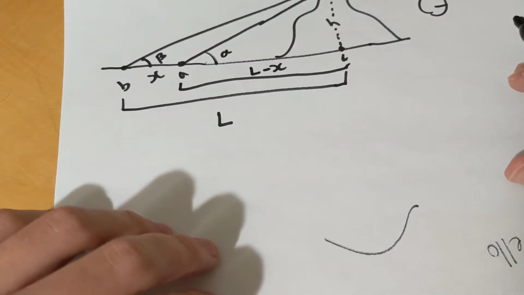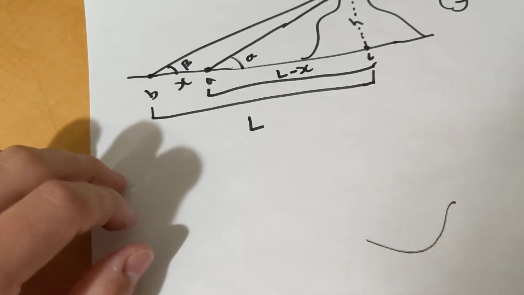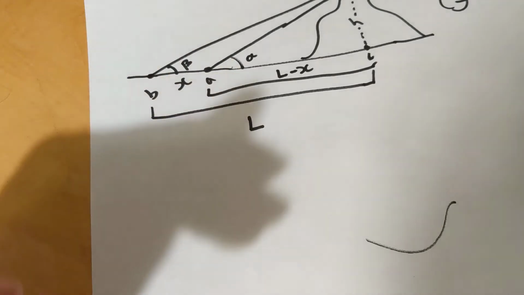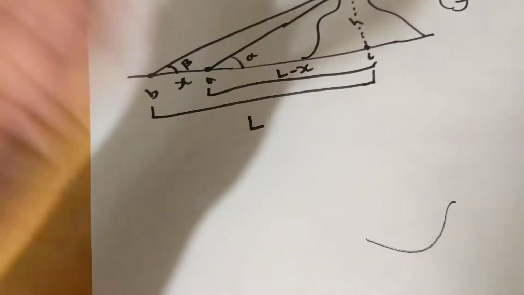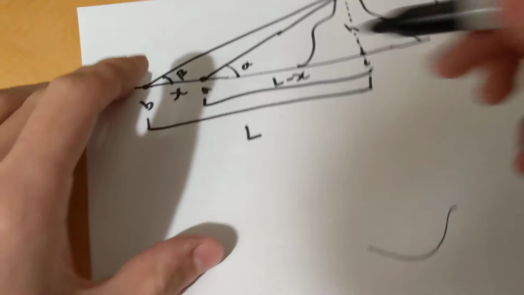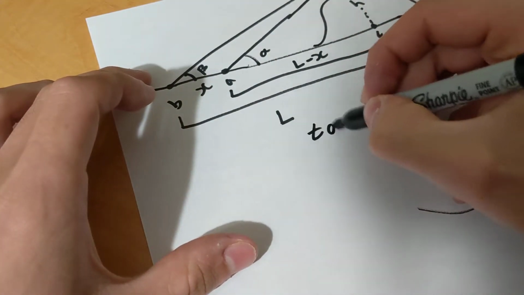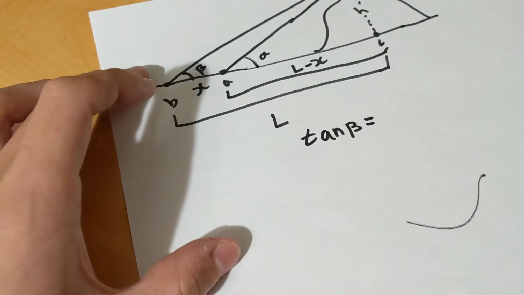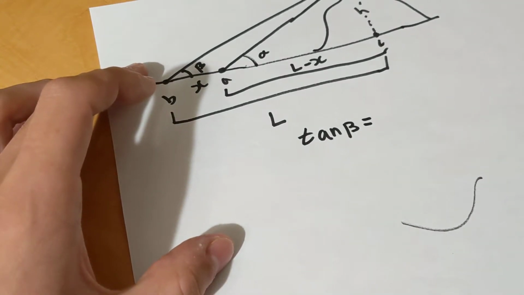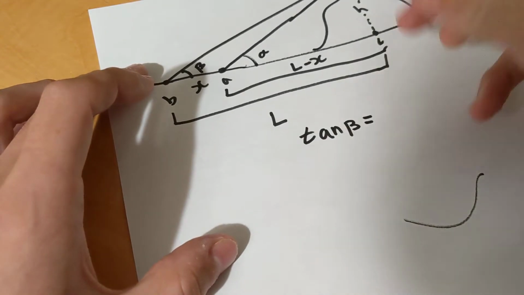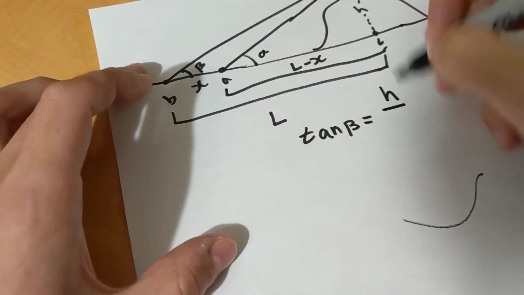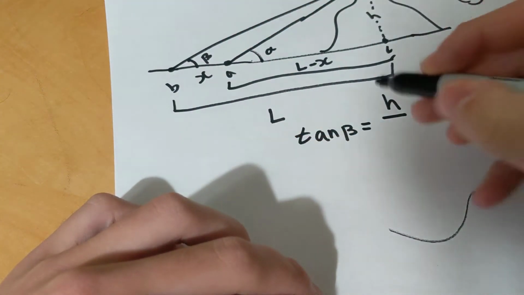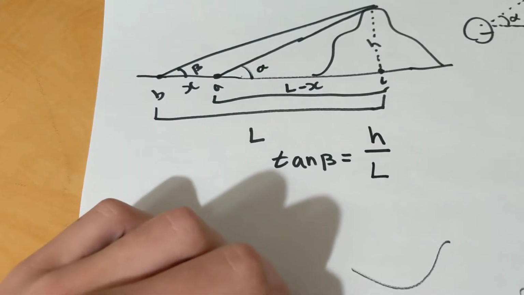Now notice, you should write down some functions for those angles, because you know what these angles are. You should use them to your advantage. So we know that tan beta is equal to, well, tan is opposite over adjacent, and the opposite is H and the adjacent is this big length here, L. Correct?